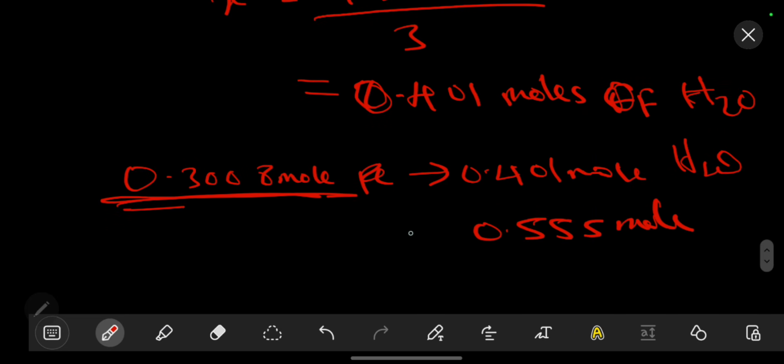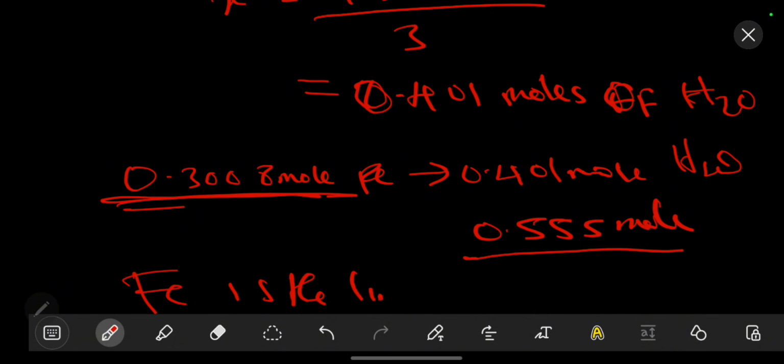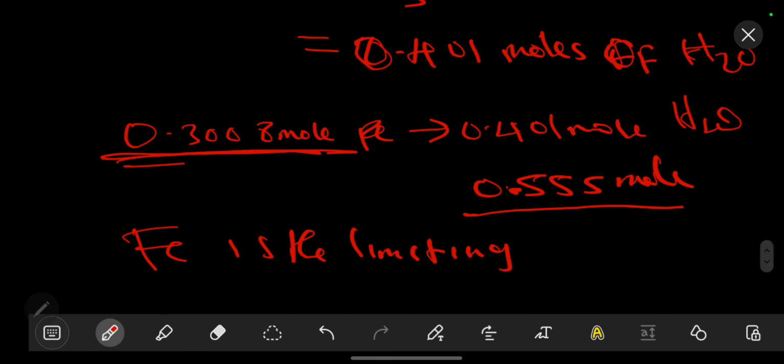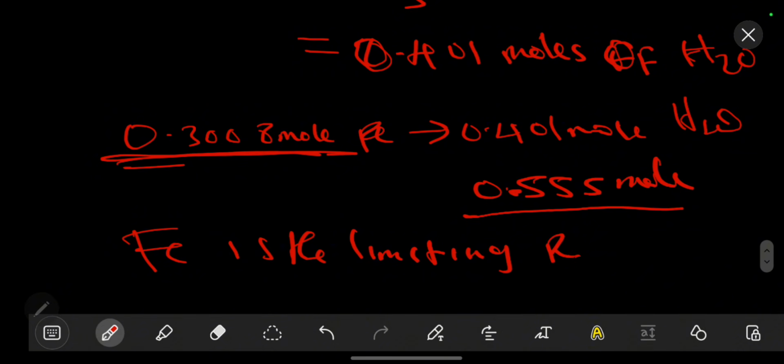So from here you can establish that iron is the limiting reagent, because it can only react with 0.4, but the available is more. So there will be more left over, just as with our bread and sausage example, where there is a limiting reagent.